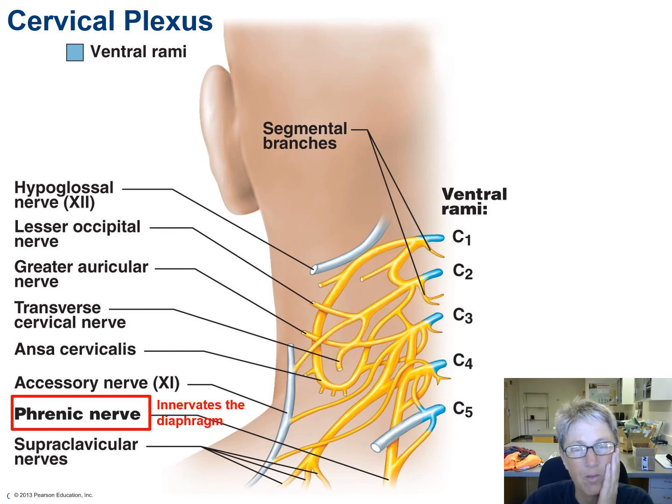So here's a cartoon of the cervical plexus. So C1 through C5. You can see there's a lot of branching. The spinal nerve comes out and branches, forms a ventral rami, and then those ventral rami branch, and that basically forms a plexus.